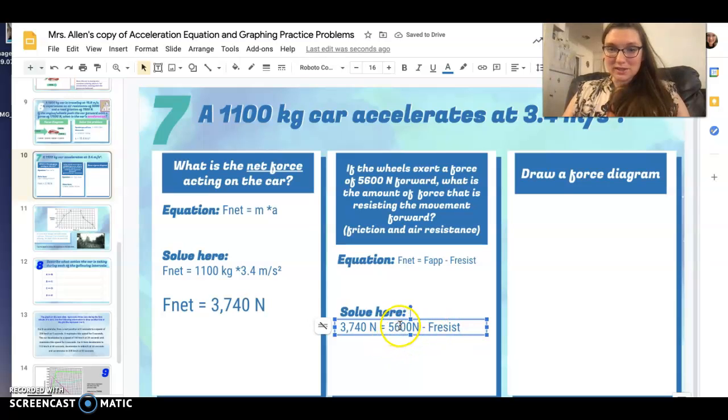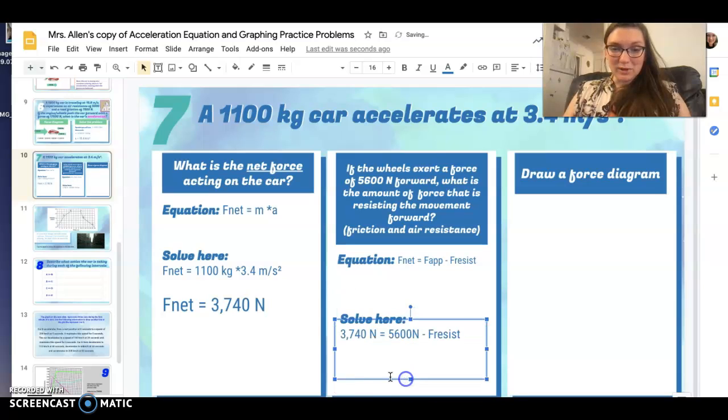So another way we can do this is just to rearrange it. If I want to know what the difference is between the net force and the applied force, I can just do this. I can go 5,600 newtons minus 3,740 newtons equals. You could rearrange that algebraically and do a whole thing about it, but we know that these three numbers are like a number family, so we know that this is our bigger force, and the force of resistance is going to be smaller than that, right?